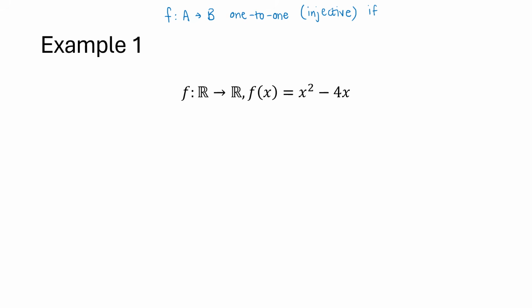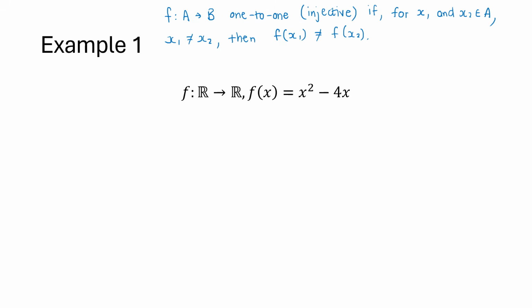So if, for two different elements or distinct elements in the domain, let's say x1 and x2 in A, we have that x1 is not equal to x2, meaning we have different inputs, then if it's one-to-one, it means we will also get different outputs. That's the main idea. So f at x1 will not be equal to f at x2.